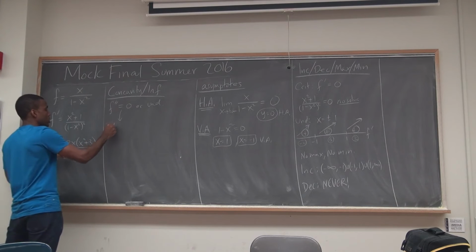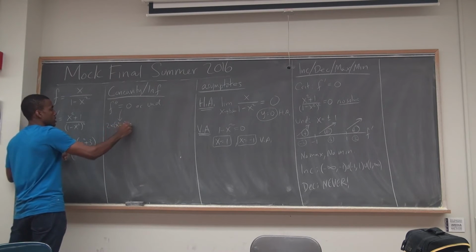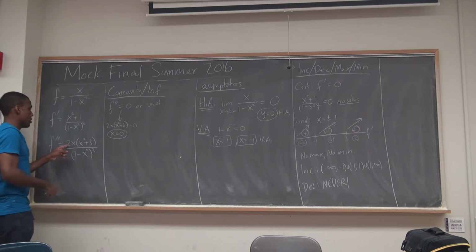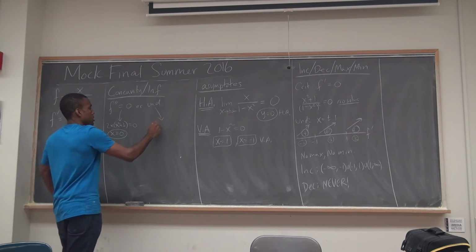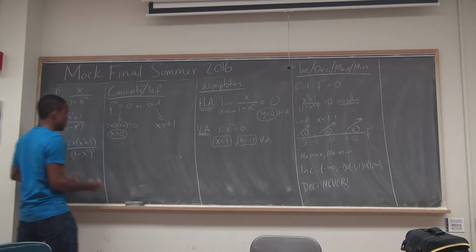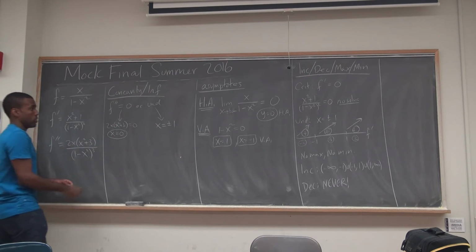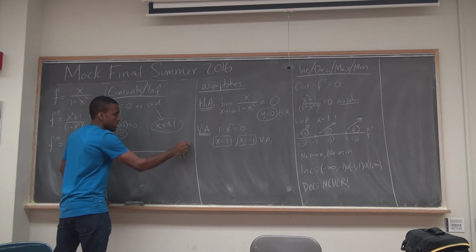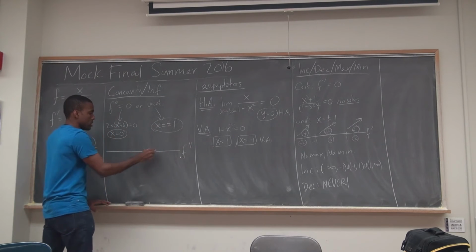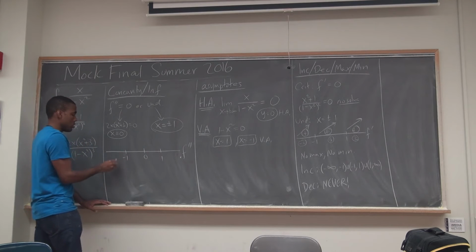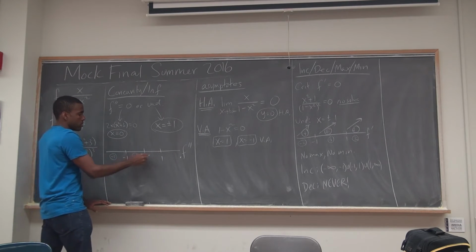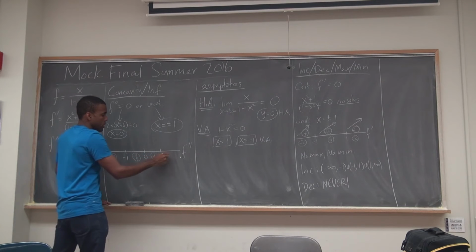So I need 2x over (x squared plus 3) equals 0, which means that x equals 0 is the only solution to that. And for undefined, again, x equals plus or minus 1, that's where the denominator is 0. So here there are 3 points to test, and I'm testing them in the second derivative. It's a 0, a 1, and a minus 1. So plug in a minus 2, a minus a half, positive a half, and a positive 2.